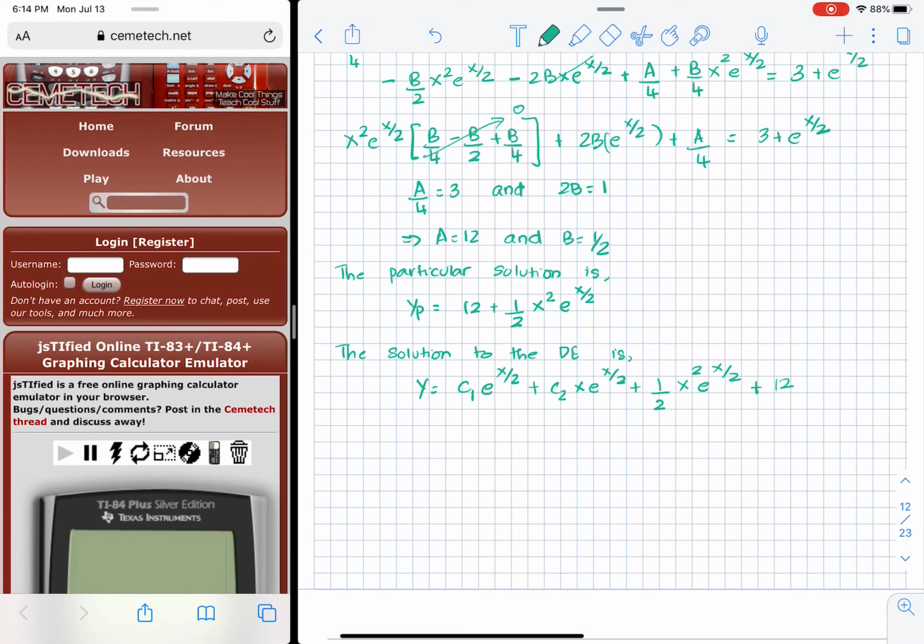We can pull out the e raised x over 2 and write it as c1 plus c2x plus x squared over 2 plus 12.